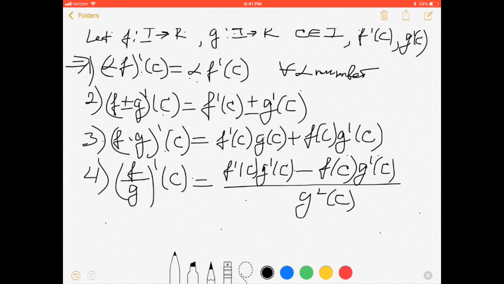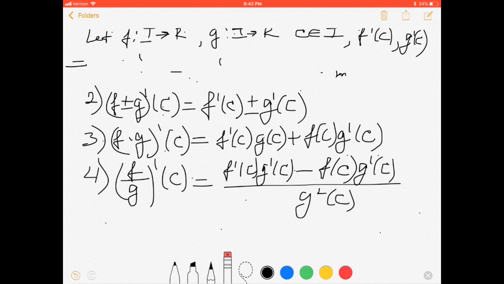Now we can prove these. Because the proofs are very similar, I prove number 3, for example, and you can prove all the others if you want. Okay, clear?